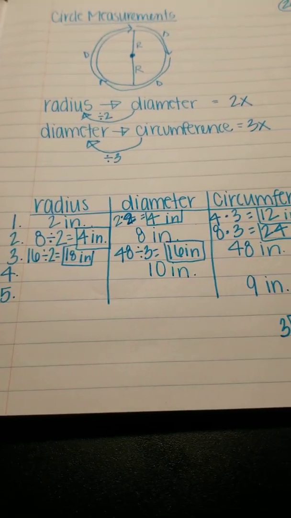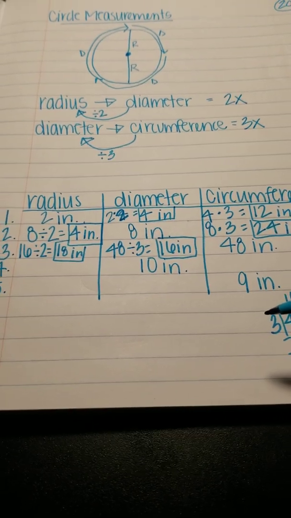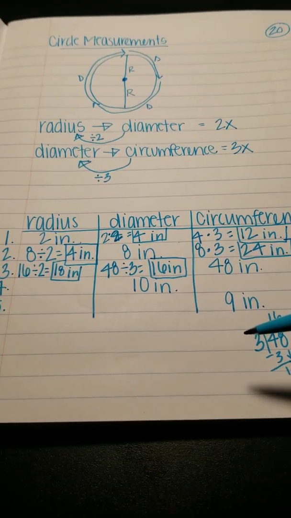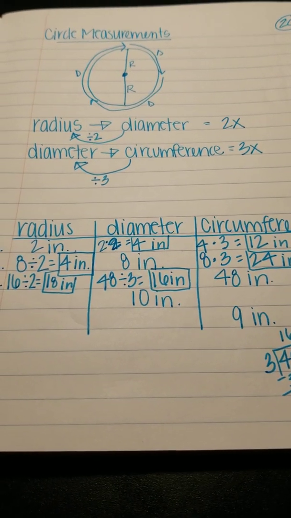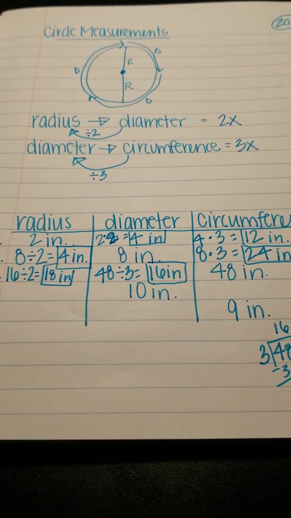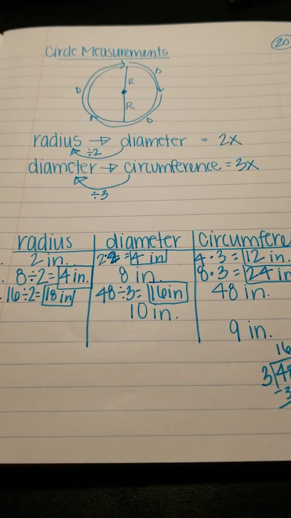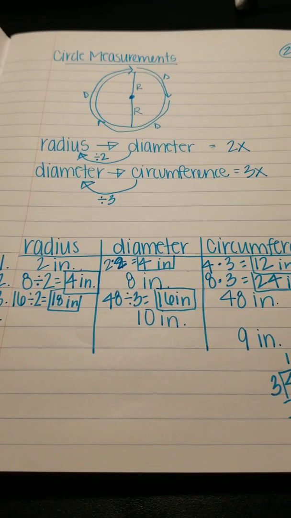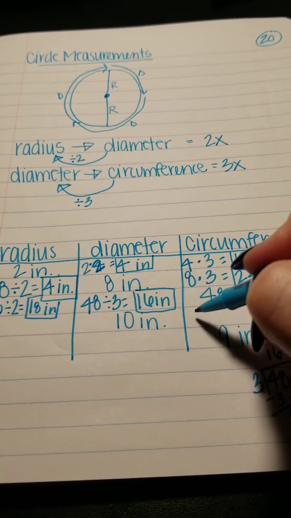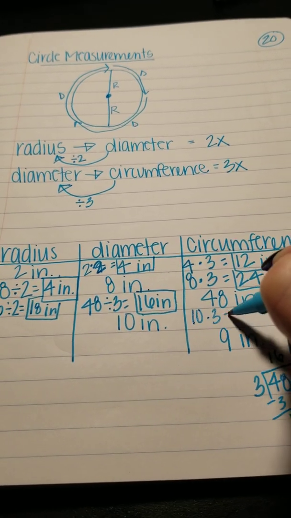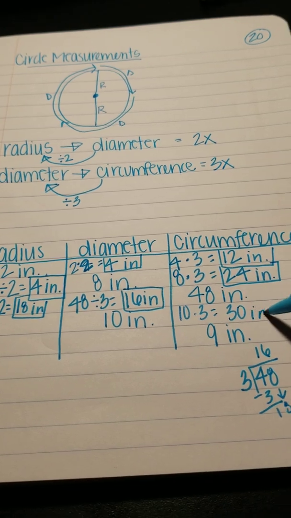All right, I have 2 more for you. I want you to pause right now, figure them out, and then play the video to check your work. I'm going to give you the answers now. For a diameter of 10, 10 times 3 is going to be 30 inches.